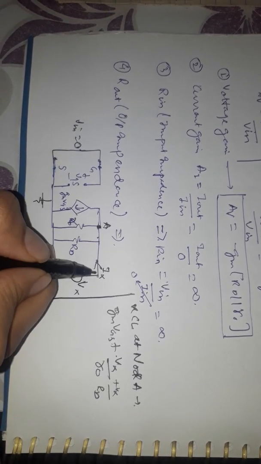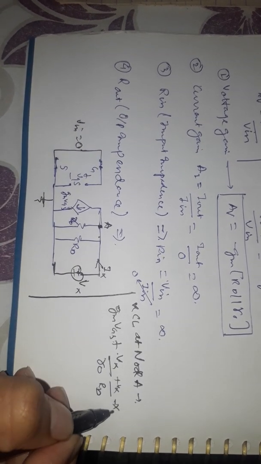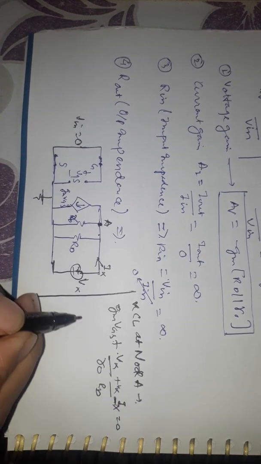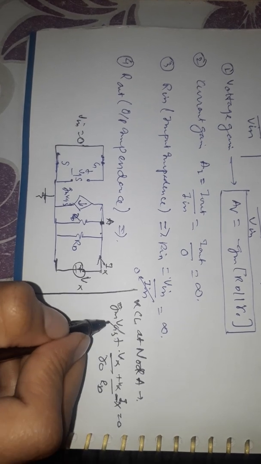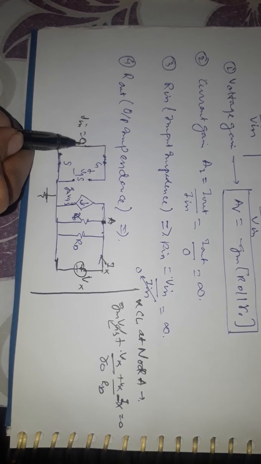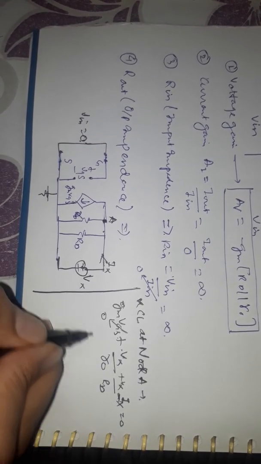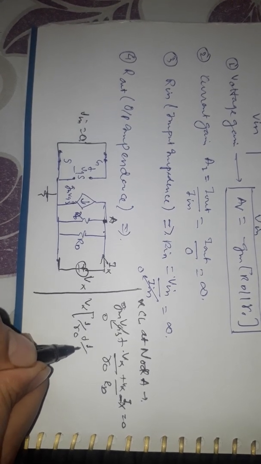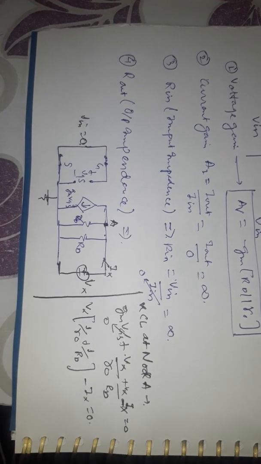Since at node A the current Ix is coming inwards, it will come as minus Ix. Okay, since this VGS is equal to Vin and Vin is equal to 0, this will be 0, and taking Vx common from this side, 1 upon R0 plus 1 by RD, minus Ix is equal to 0.